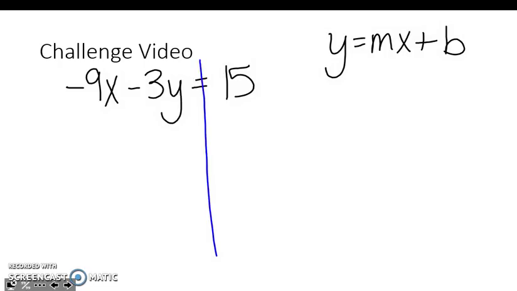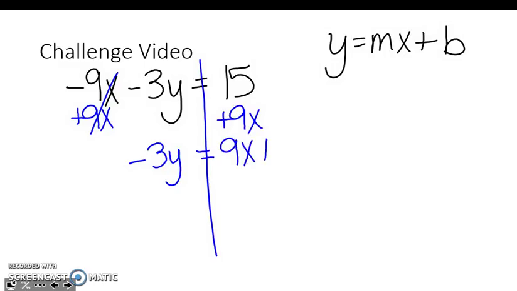All right, so negative 9x, I have to add that because that's the opposite. So I get negative 3y is equal to 9x plus 15. I'm going to divide the negative 3 away from the y. I have to divide all numbers.